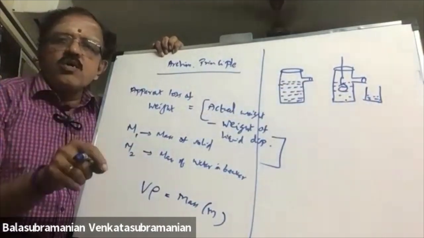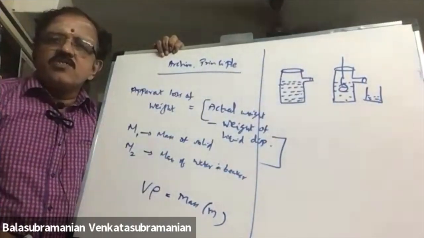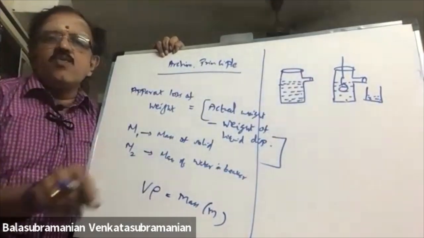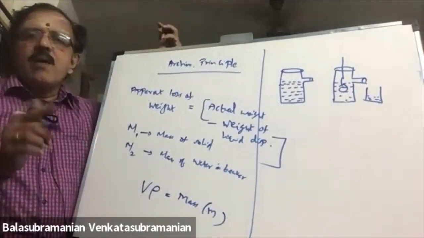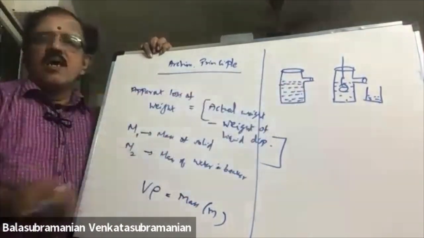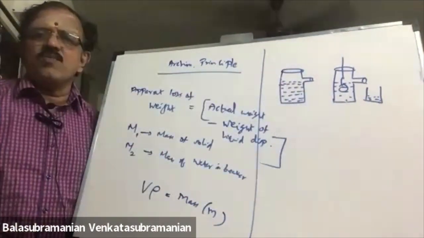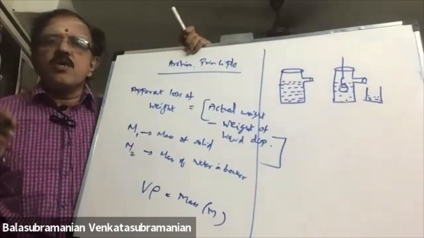Mass of the stone before inserting in the water, mass of the stone after inserting in water, you calculate. The difference in mass, we call it as apparent mass. That is equal to apparent loss. Both cannot be equal because when it is immersed, the mass is found to be less.